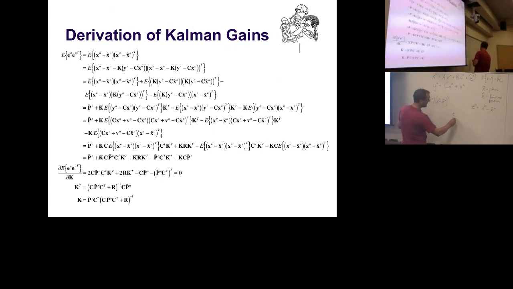Small remark: the expectation operator of A plus B plus C is expectation of A plus expectation of B, etc. So I can split it apart, and that's what's happening there.